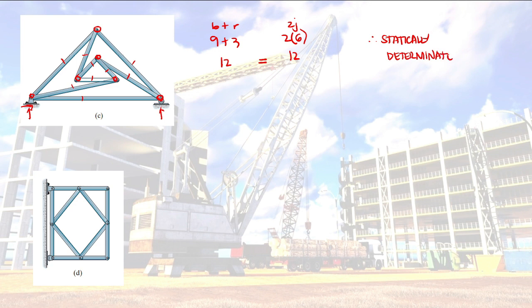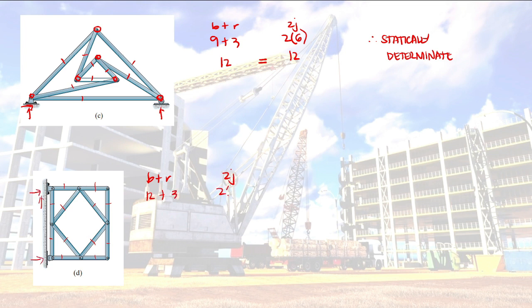Okay, last example, we have B plus R, then 2J. So how many bars? 1, 2, 3, 4, 5, 6, 7, 8, 9, 10, 11, 12. Plus how many reactions? 1, 2, 3 reactions.